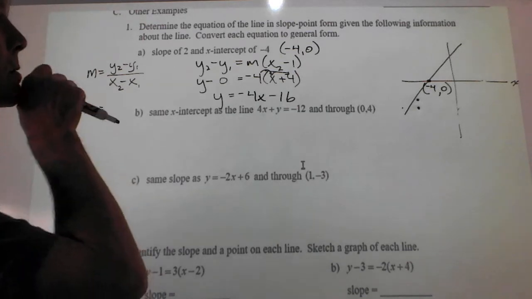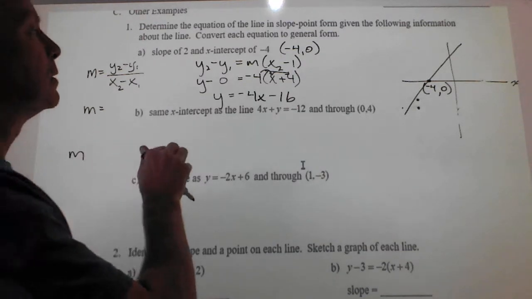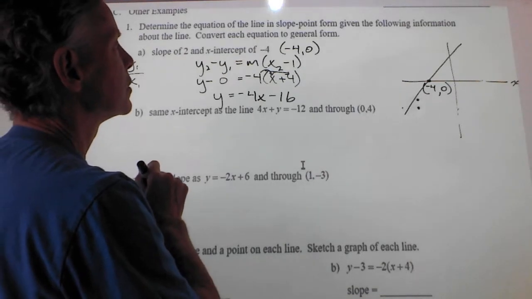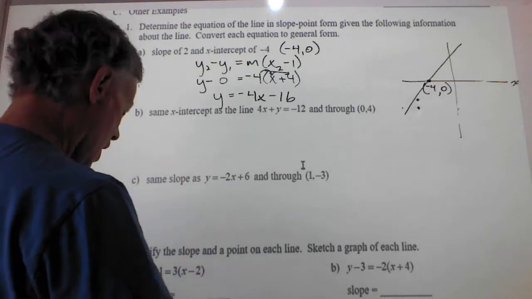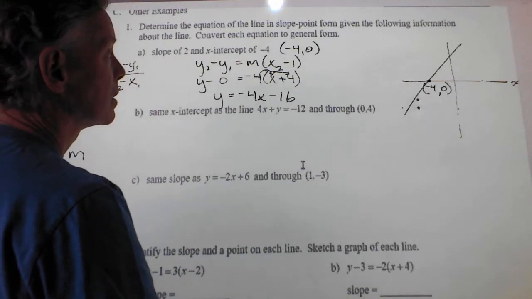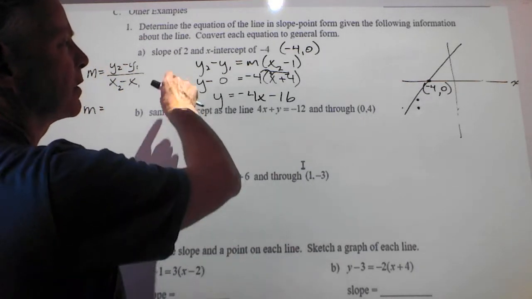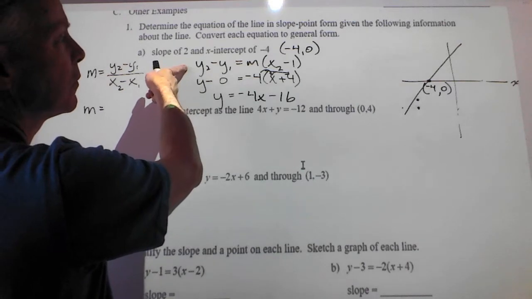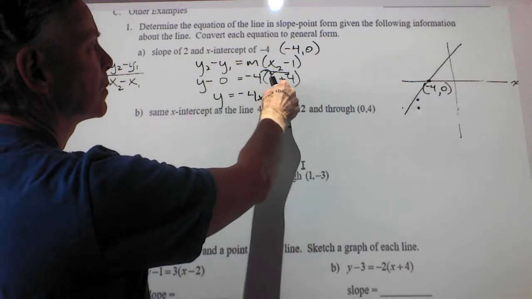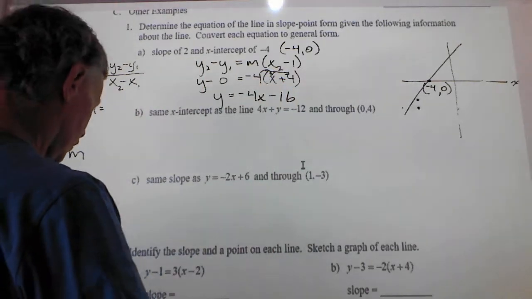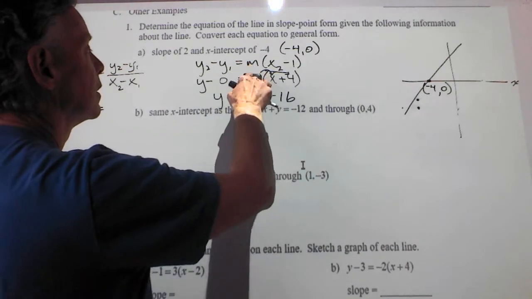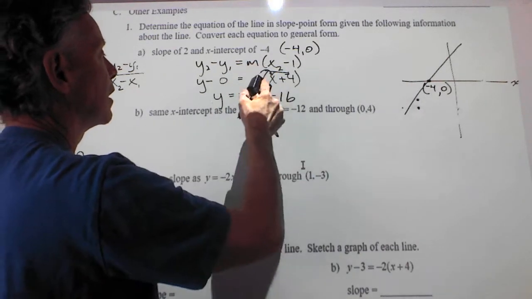Let's just make sure. No, that's right. Just let me check this thing here. So this is -4, 0. So that makes that plus 4. That's what I did. I'm so sorry. Let's back up.